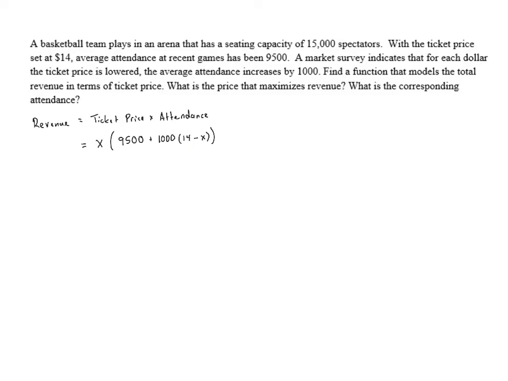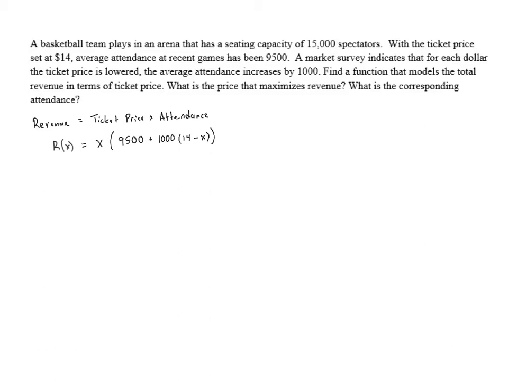That's $1 the ticket price has gone down, and then we get an extra 1,000 people. If it goes down to $12, 14 minus 12 is 2, so that's $2 that's gone down, so we get an extra 2,000 people, etc. So this is an equation that gives us the revenue as a function of the ticket price.